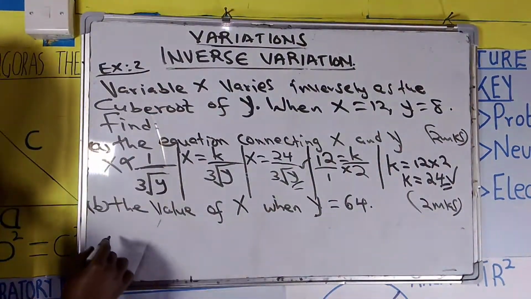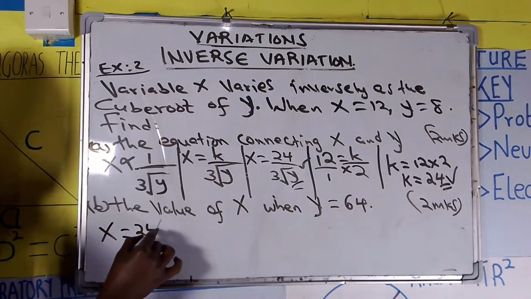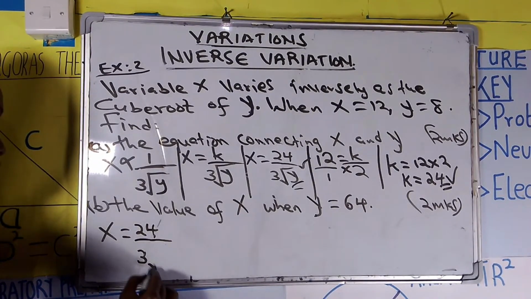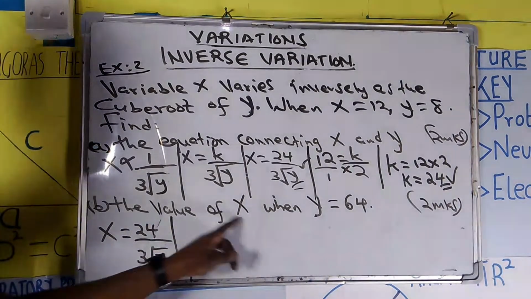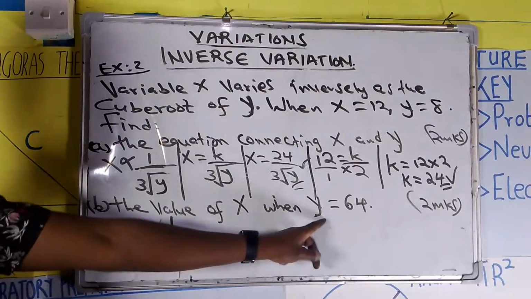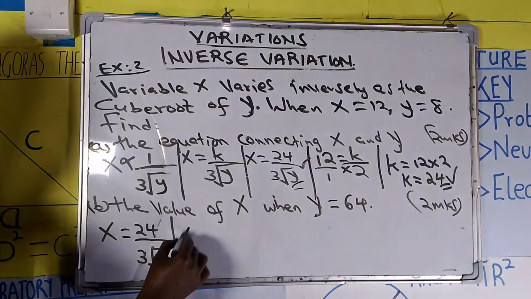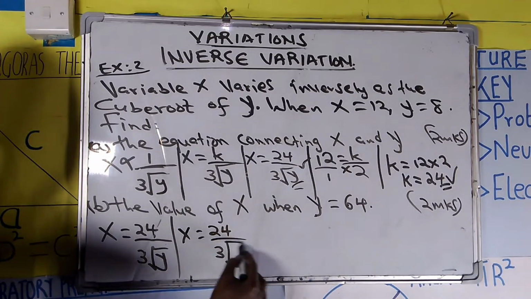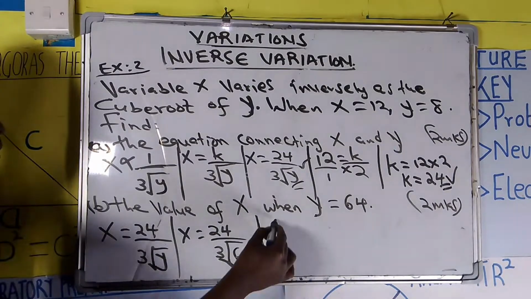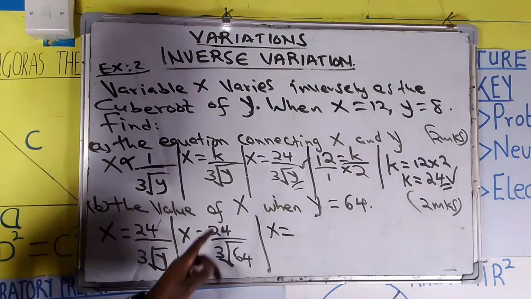x is equal to 24 over the cube root of y. Now we are told to find the value of x when y is 64. So x is going to be 24 over the cube root of 64. What is the cube root of 64?